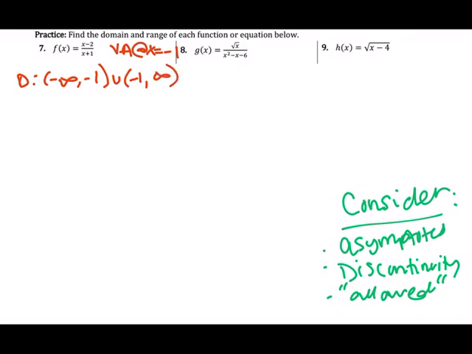-1 to infinity. My range, now when I'm looking at range, I want to look at horizontal asymptotes, and it's probably been a while since you thought about this, but in a previous course you should have learned to look at the degree of the x values, and they both have a degree 1, so I'm going to divide those leading coefficients.